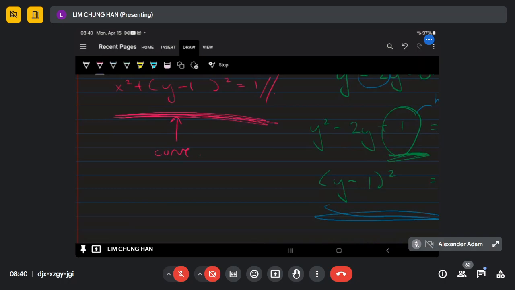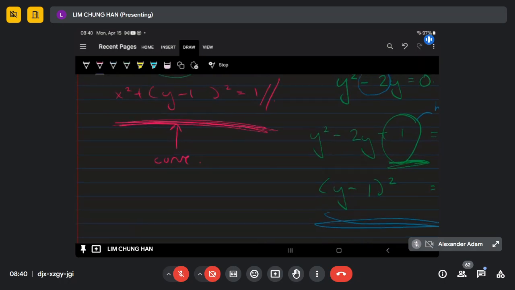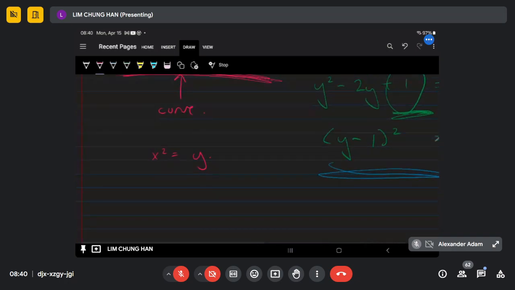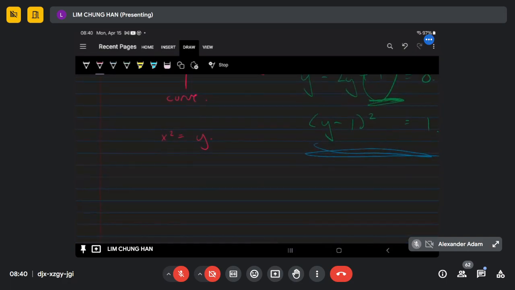If I have x squared on one side and y on the other side, what type of graph is this? Well, it's some sort of like a U-shape. Agree? Yes.